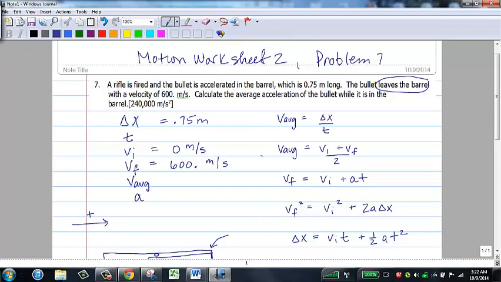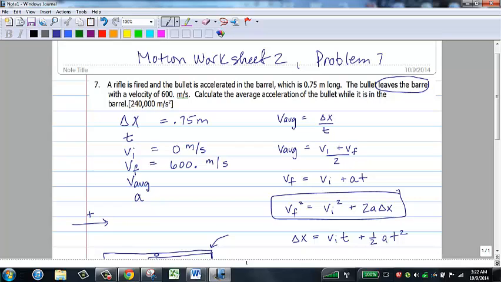Perhaps you can look at that list of equations and choose the one that you need. You have an equation with VI and VF and delta X and A that is here. VI and VF and delta X and A. So since I have 3 out of 4 of those things, I should be able to find the fourth one.